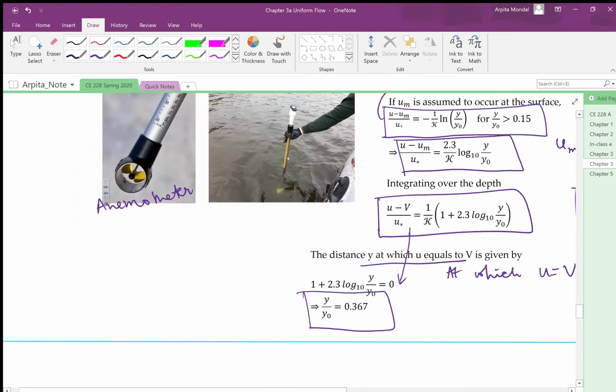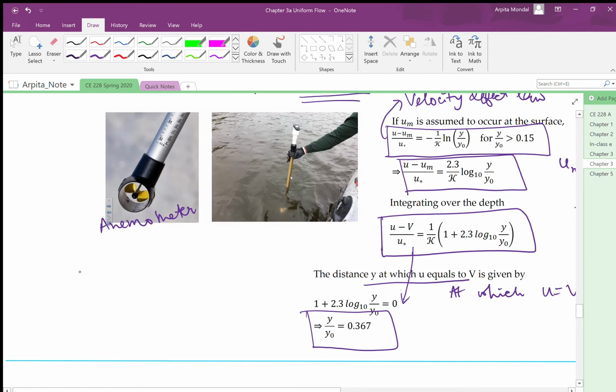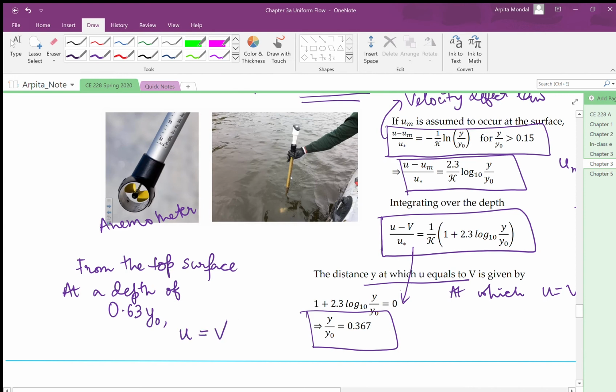So from the top surface, at a depth of 0.63 times y naught, the velocity that we measure at this depth would be equal to the average velocity v.